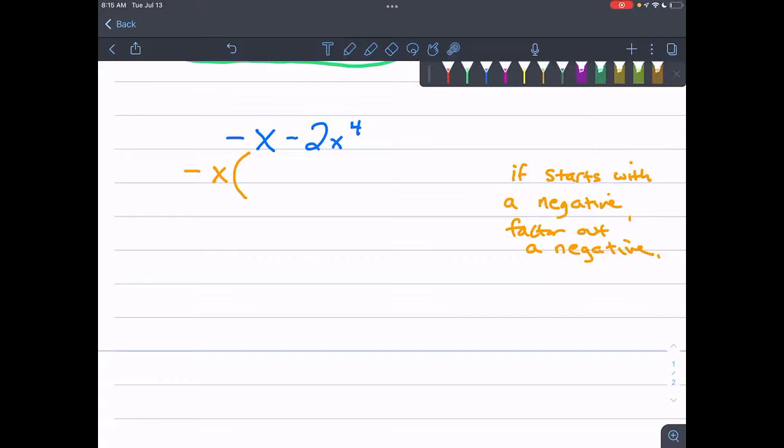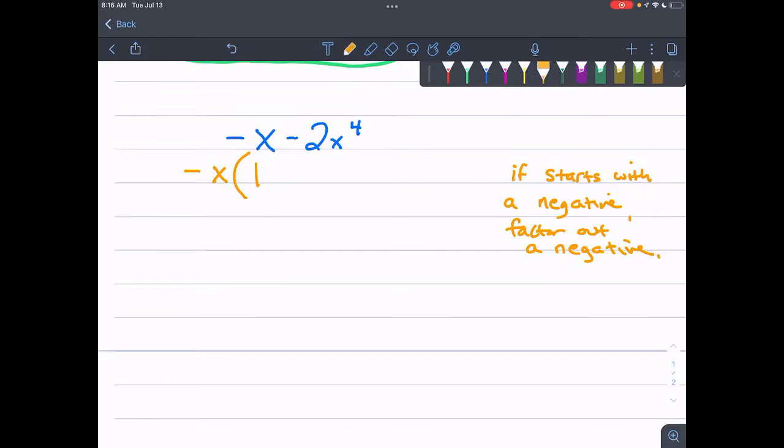And this might not make a lot of sense initially, but when you take negative x out of negative x, just left with 1 actually. And one way to check that is if you take negative x times 1, you do end up back here. Negative x times 1 gets you back there.